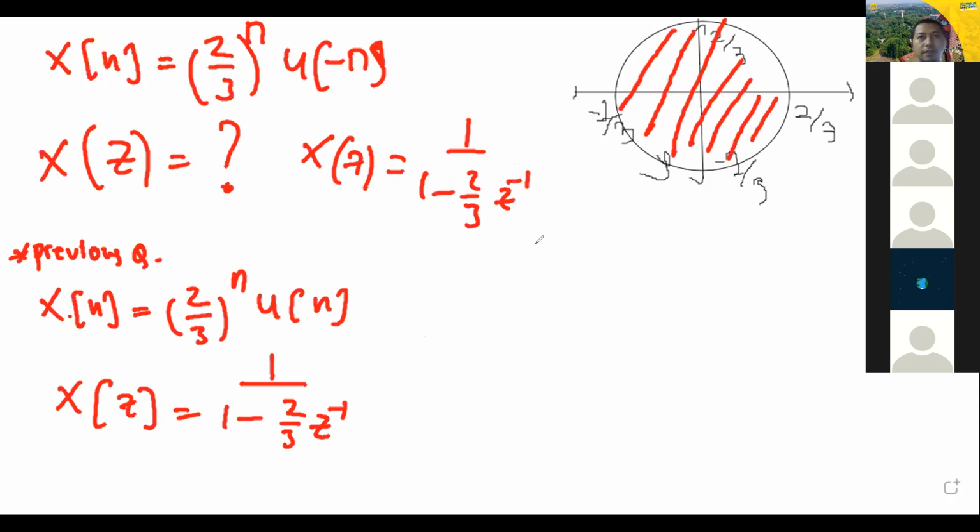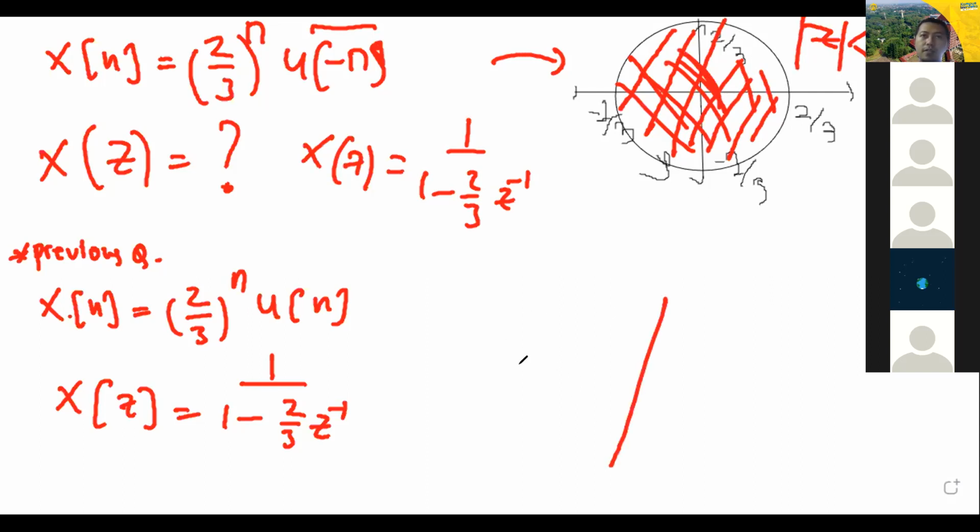But the difference is on the ROC. The ROC here, due to the minus, is inside of this circle. In this case, it is |z| less than 2 by 3.